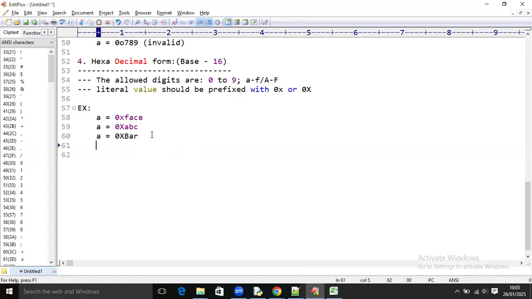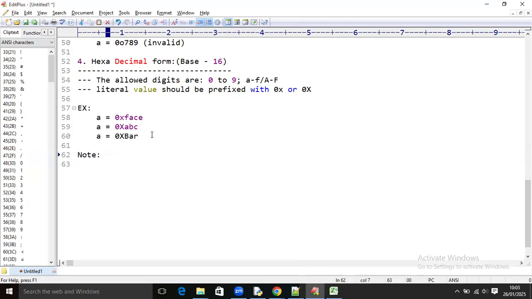Next, let's make one note here. Being a programmer, we can give the integer data types in the form of decimal, binary, octal, and hexadecimal.